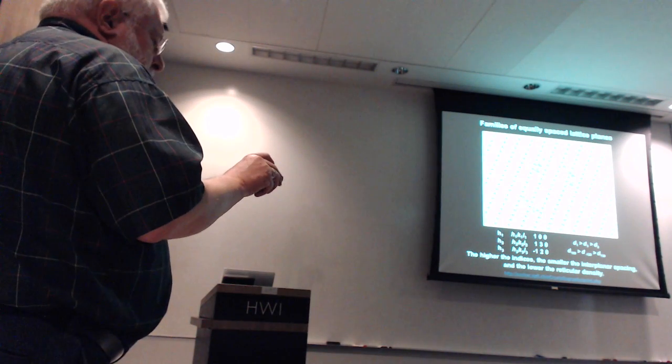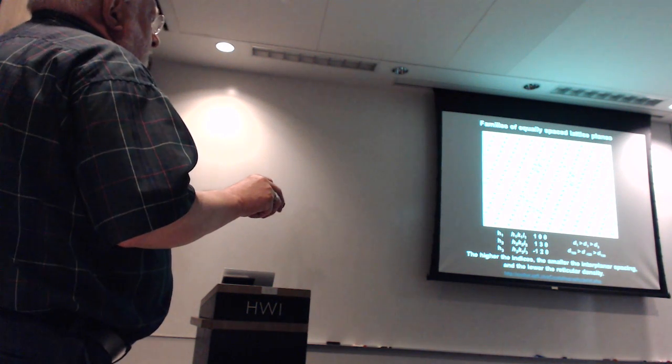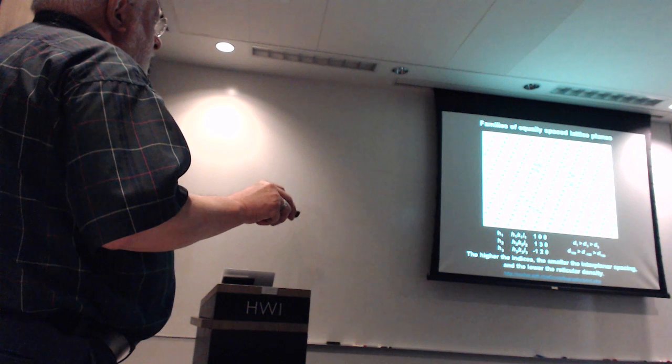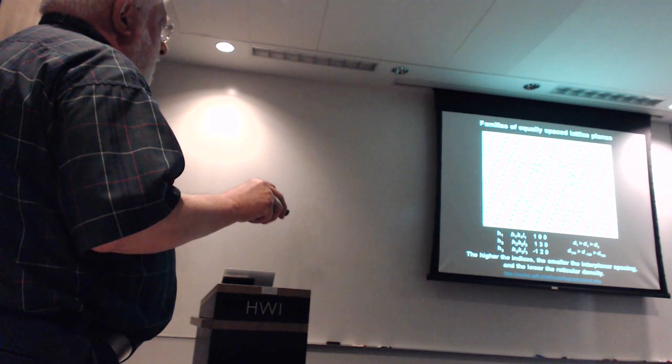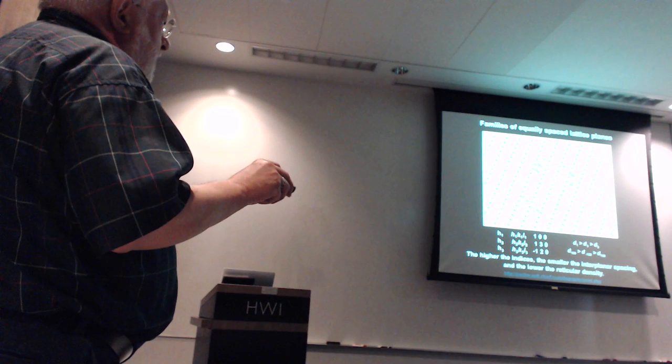So a generalization we can take away from here is that the higher the indices, the shorter the interplanar spacing. Okay? So these guys have a larger interplanar spacing than these guys, or these guys.